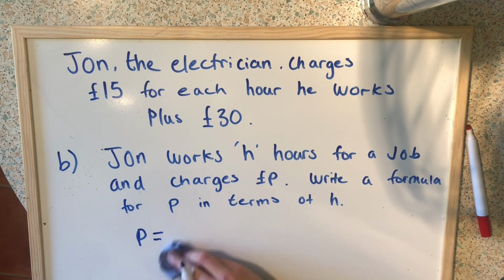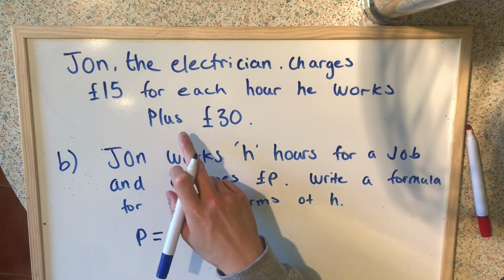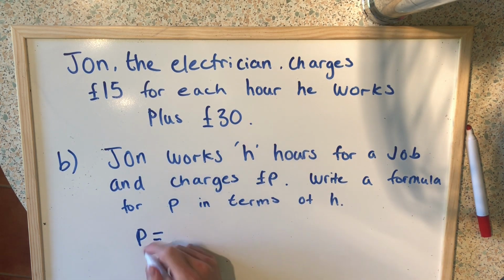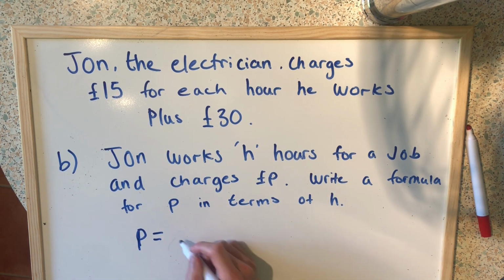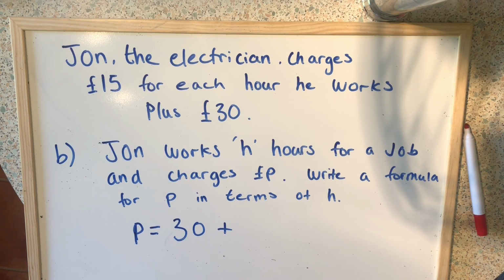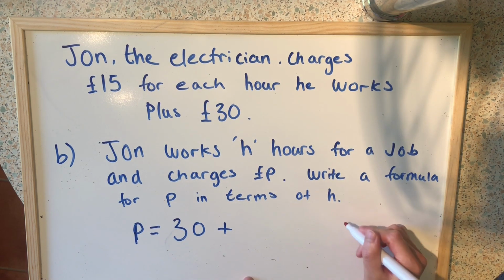So we know for sure that for whatever job he does, John will charge an extra £30. That's always going to be there. So his price, P, will always be 30 plus how many ever hours he works. So plus £15 per hour. So we'll still charge £15 per hour.